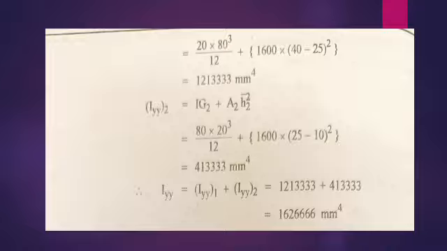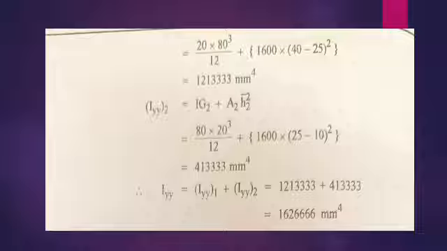The value for x bar is 40 and x1 is 10. In the same way, find the moment of inertia about y axis for component 2, the second rectangular portion. Iy2 is equal to Ig2 plus A2 h2 bar square. Ig2 formula is h b cube divided by 12 plus A2 value h2 into b2.